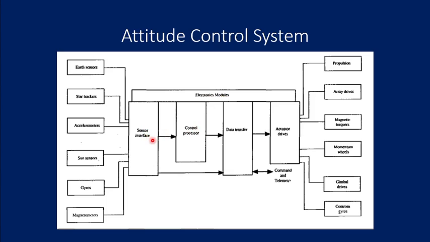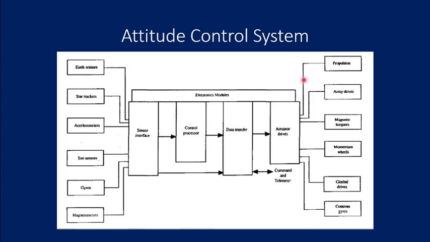Now sometimes the sensor interface may give the command to a control processor, and the control processor gives the command via data transfer to the actuator drives, or sometimes the sensor interface will directly give the data, and the command handling center will take care of the high priority commands. So these are the different electronic modules, which are the processing modules.